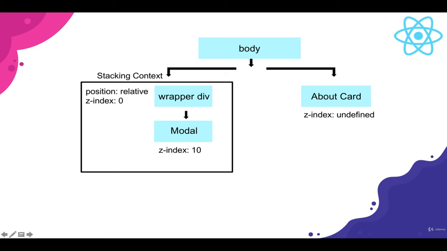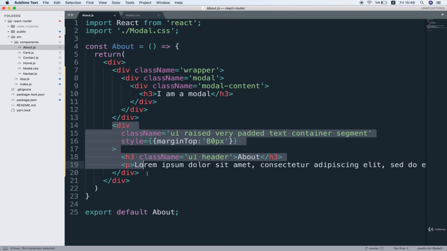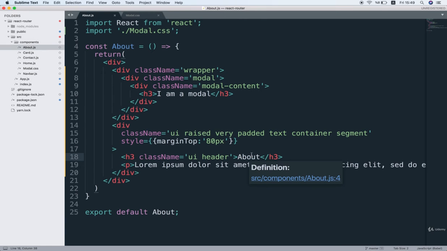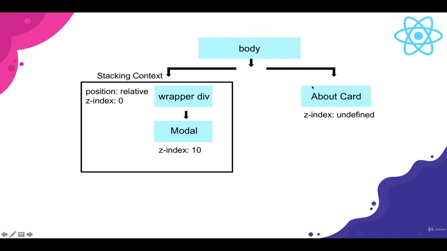So if there is an element listed later on the inside of the body element, if the indexes are the same, then whichever element occurs later will be the one that's displayed on top of the other. So that's why the About card is now being displayed on top, because we are creating this new stacking context.